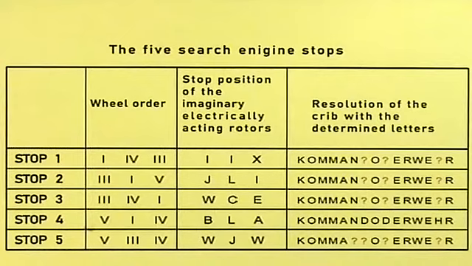There are no contradictions with any of the stops, but only with one stop can the assumed crypt be generated from the intercepted Enigma ciphertext section with the extended comparison table.